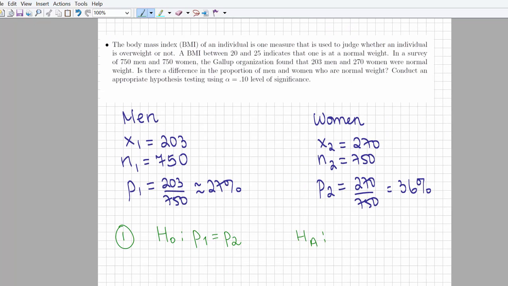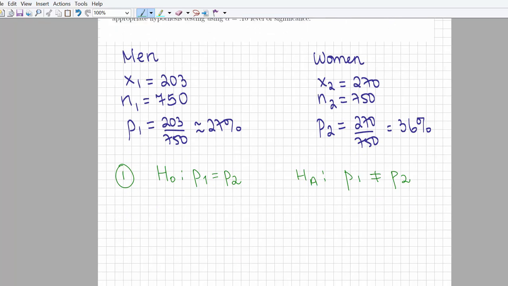You could have a left tail test or right tail test, but in our case, how do I know that this is a two-tail test? Because it says right here, is there a difference in the proportion of men and women who are normal weight? Different means that I'm going to use P1 is not equal to P2. Okay, and that's my setup.